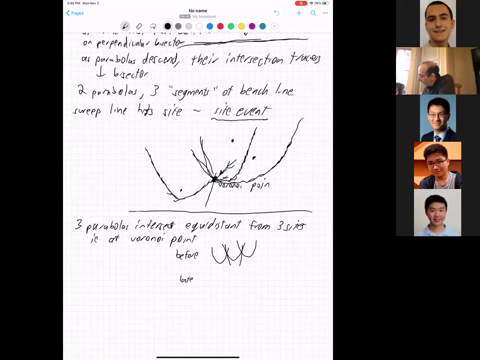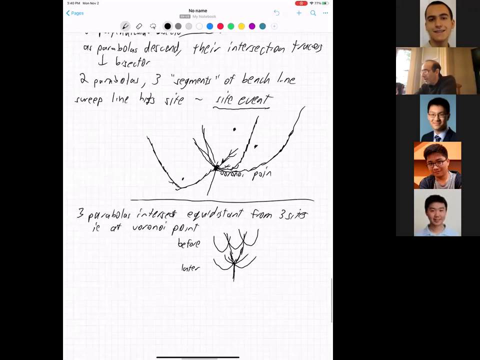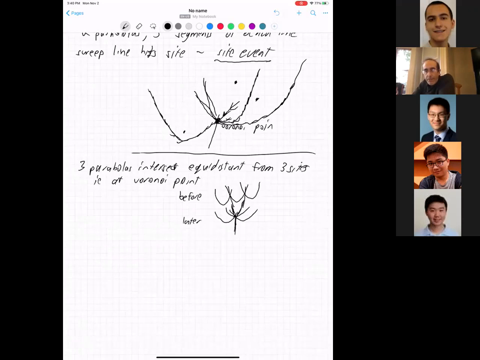And then later, these three parabolas have dropped, and now we get an intersection of all three of those parabolas, which means that the two perpendicular bisectors are meeting. And then we proceed with two parabolas that define, right, the third pair now create the intersection that defines the third perpendicular bisector. Is that clear?